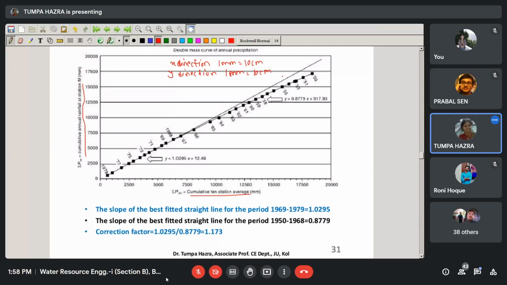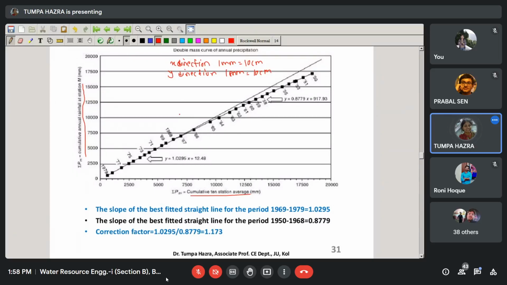Now you will join it by a straight line. If you find that all the points are within the same straight line without changing the slope, that means your data is consistent. But unfortunately, this data is not consistent.